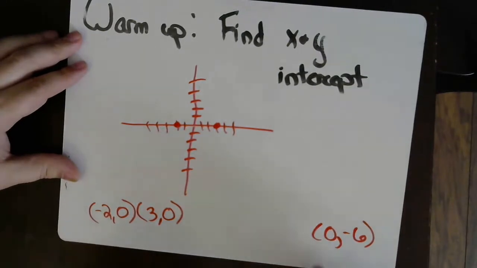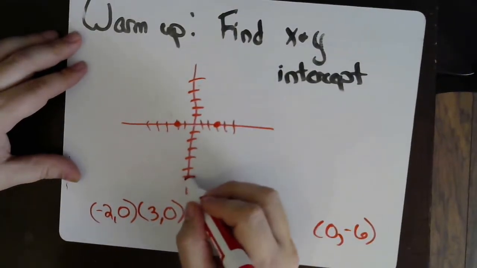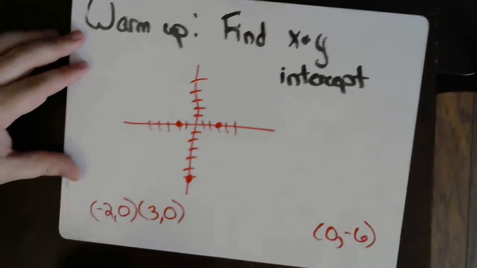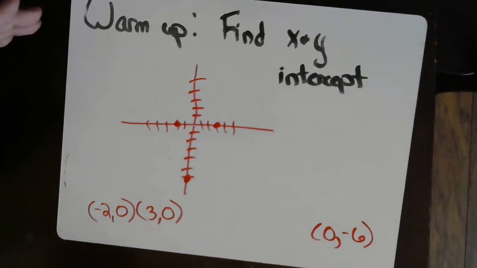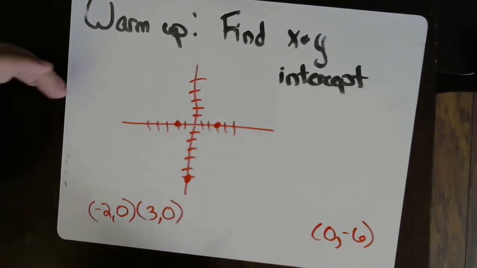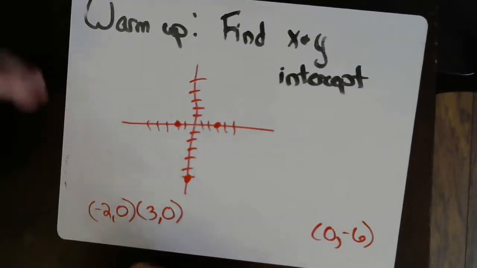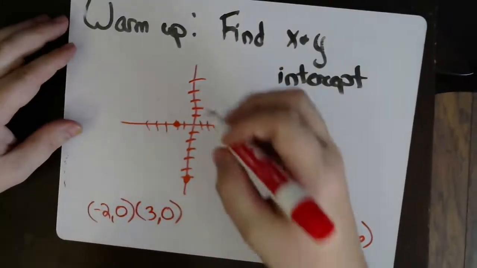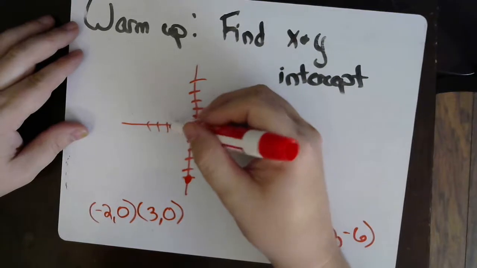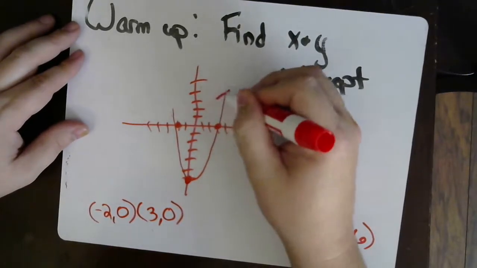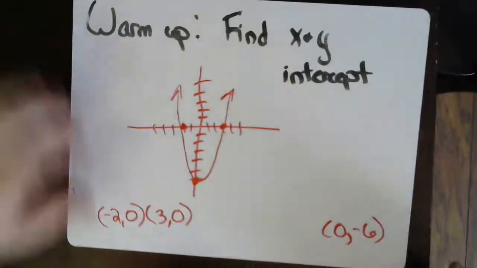And then we're going to go 0 to negative 6, which is somewhere right there. Now, if you've done a couple of these before, you probably know that a parabola, unless there's a shift of some sort, is always going to be symmetrical. But if not, that's okay. If all you know is that it goes down here and then it comes back up, that is all I am looking for at this moment.